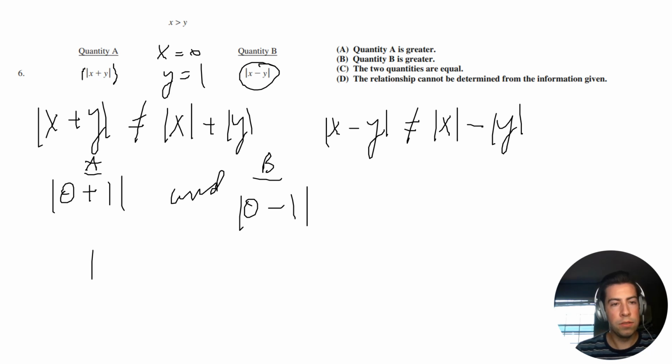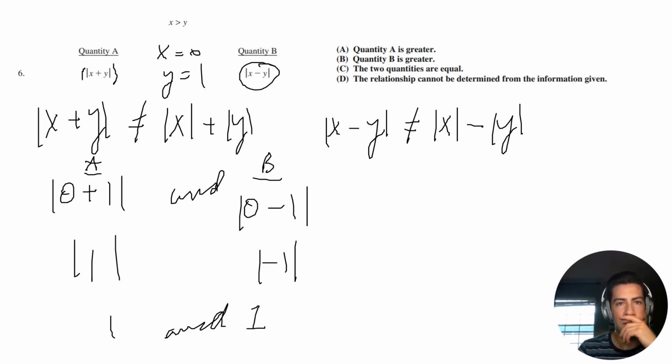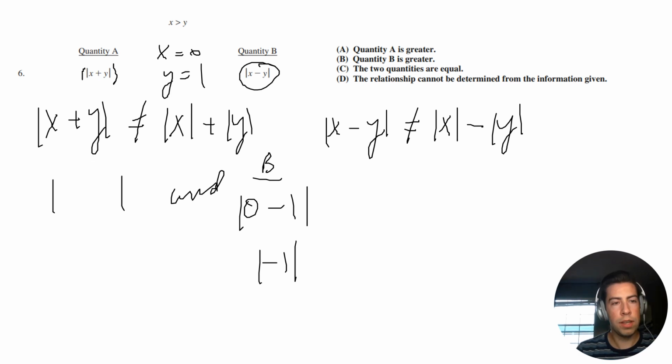Okay, so we're going to get 1, and then we're going to get negative 1, whose absolute value is 1. So this actually checks out. We have 1 and 1, so these are equal. Okay, let me erase this because it's kind of a mess. So with that example, it works.